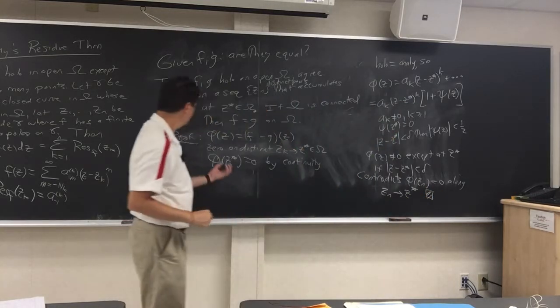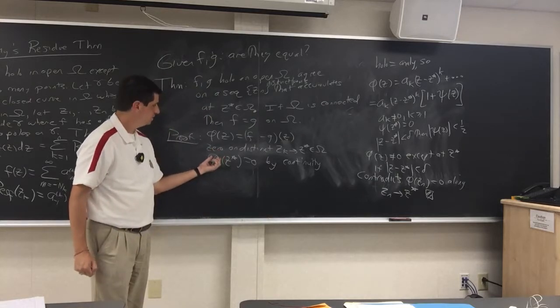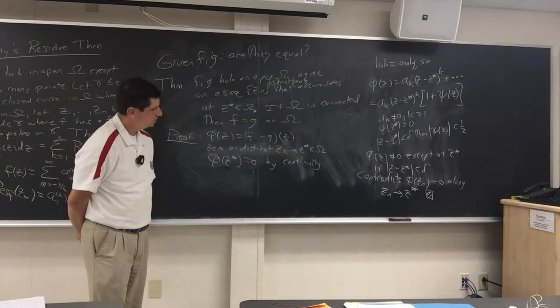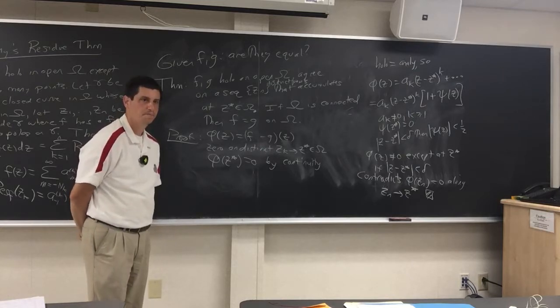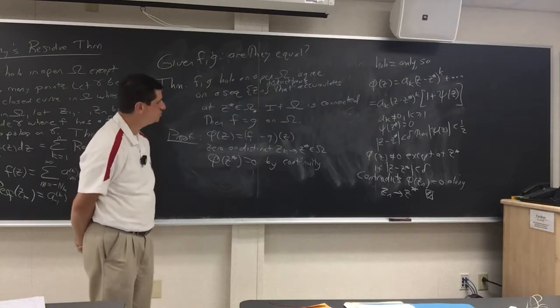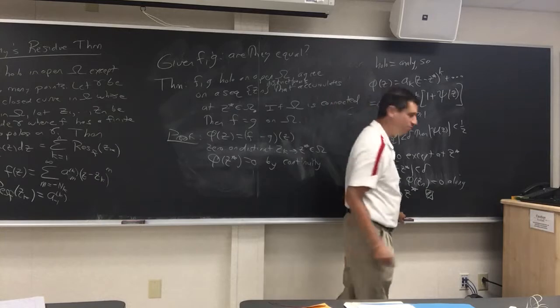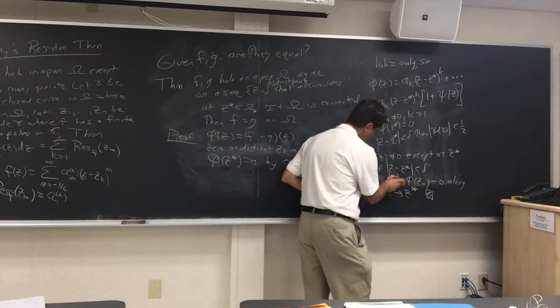So we had said that... what is the contradiction? Well, I guess I phrased this not as a contradiction. So I have to remove the word contradiction because I didn't say assume.